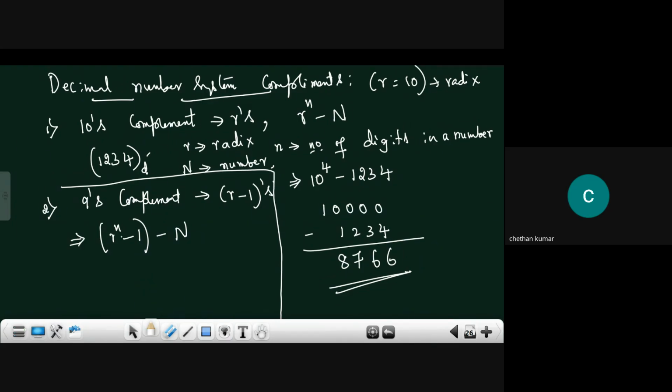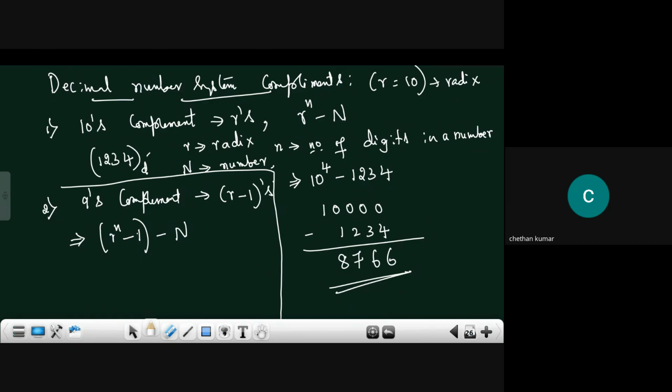If n is 4, same question. 10 to the power of 4 minus 1 means what? 10 followed by 4 zeros minus 1 means 9999. What is 9's complement? Each digit will be subtracted by what? 9.